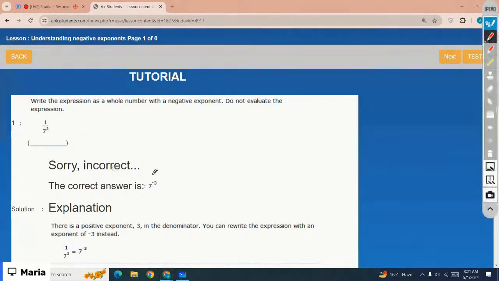So you can write 1 over 7 exponent 3 as 7 exponent negative 3. The correct option is 7 exponent negative 3. Okay, let's start with the practice questions.